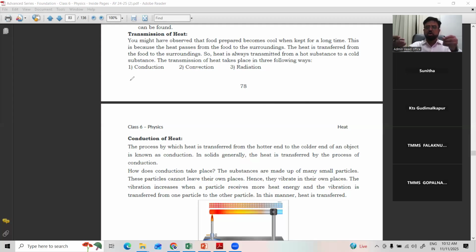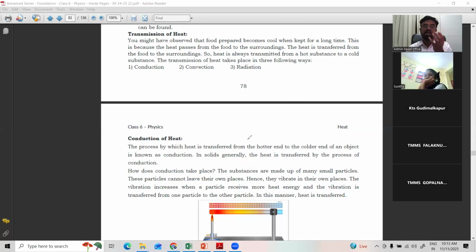Suppose you take hot milk, boiled after heating, and keep it on a table for some time. After some time, the milk becomes cool. Why? Because the hotness from the milk transfers to the surroundings and the table also. You can touch and feel the table. When you touch the table, you feel that it is hot because the heat transferred from the milk to the table. That is our method.